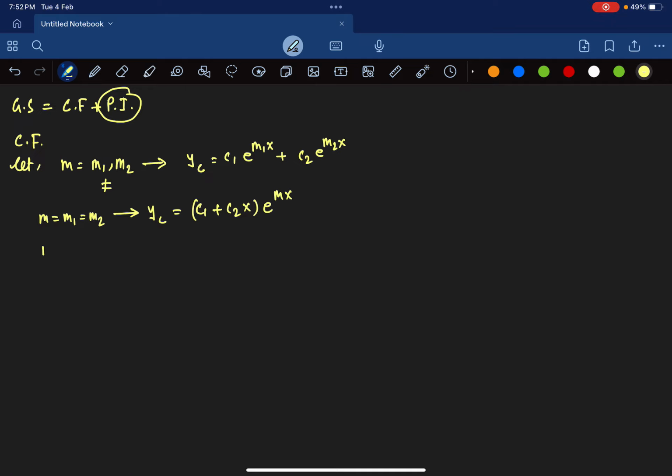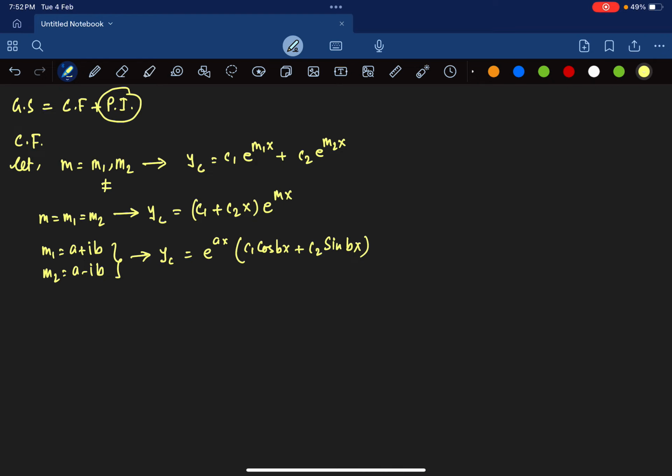And if complex, suppose m1 equals a plus ib and m2 equals a minus ib, then yc is e^(ax) (c1 cos bx plus c2 sin bx).